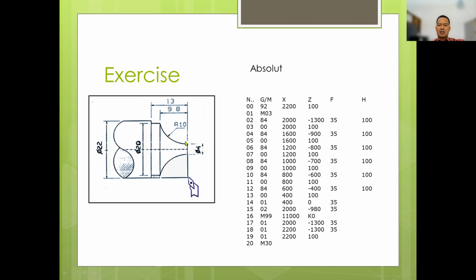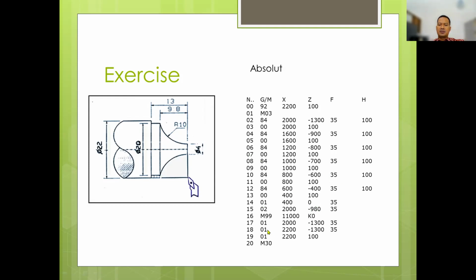Okay, for the G02, you can see the number of 15, with the X is 20. 20 means the final diameter here. With the distance minus 9.8 here in horizontal.